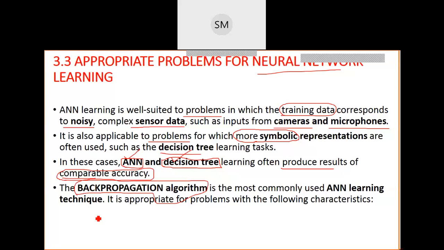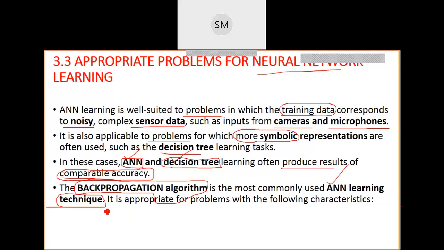This is the most commonly used artificial neural network learning technique. Whenever the topic of artificial neural networks comes to your mind, this algorithm should come to your mind: the back propagation algorithm.